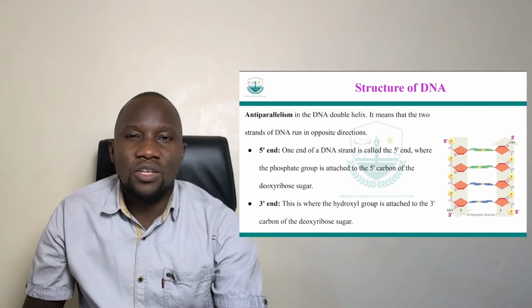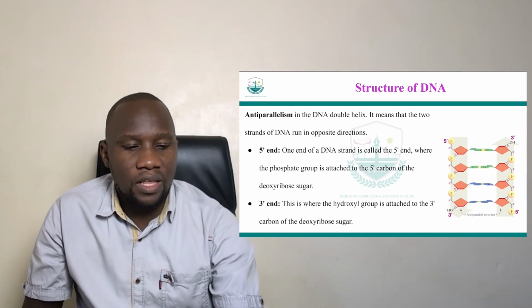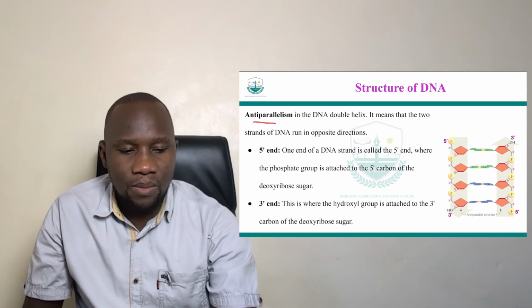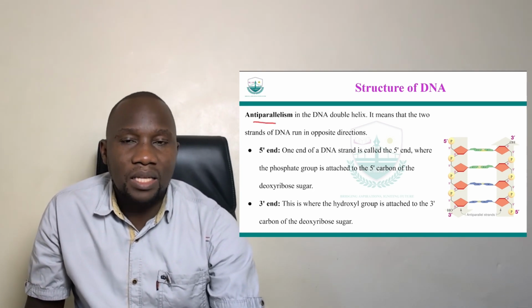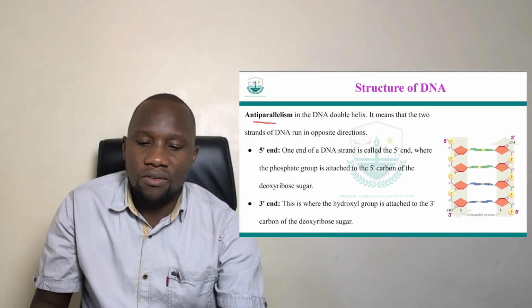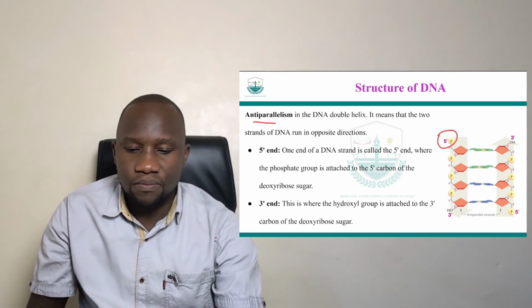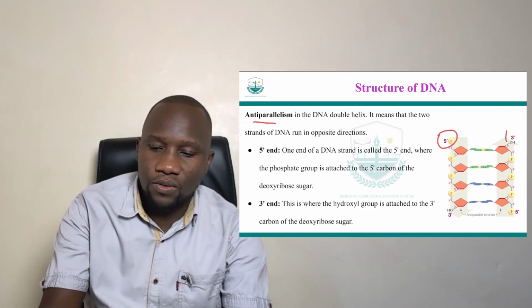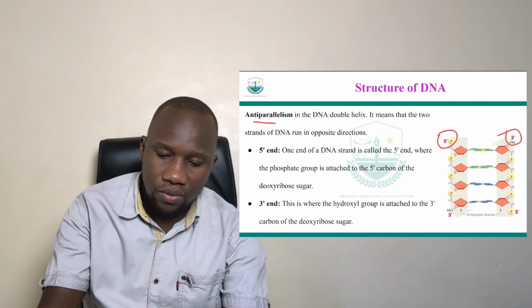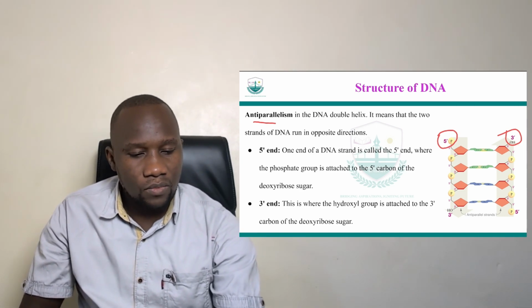The fact that one strand runs in the opposite direction to the other is what we call antiparallelism in the DNA structure. So one follows the 5 prime, and then the other follows the 3 prime. So the directions are different.